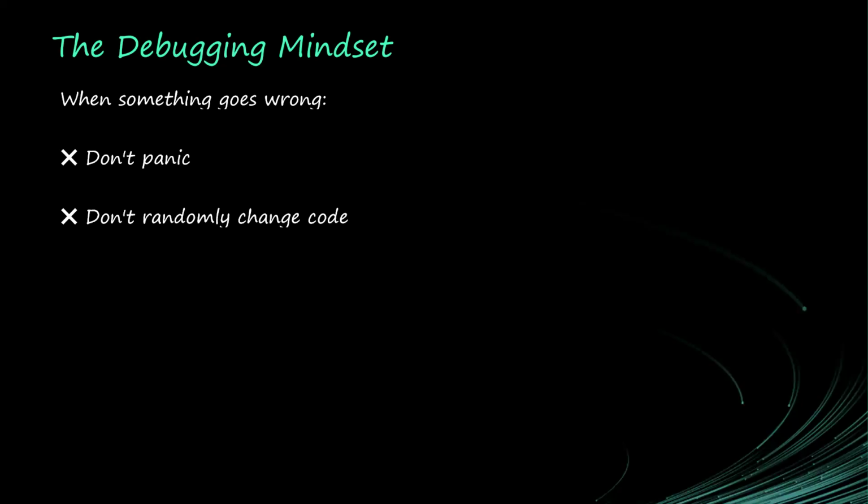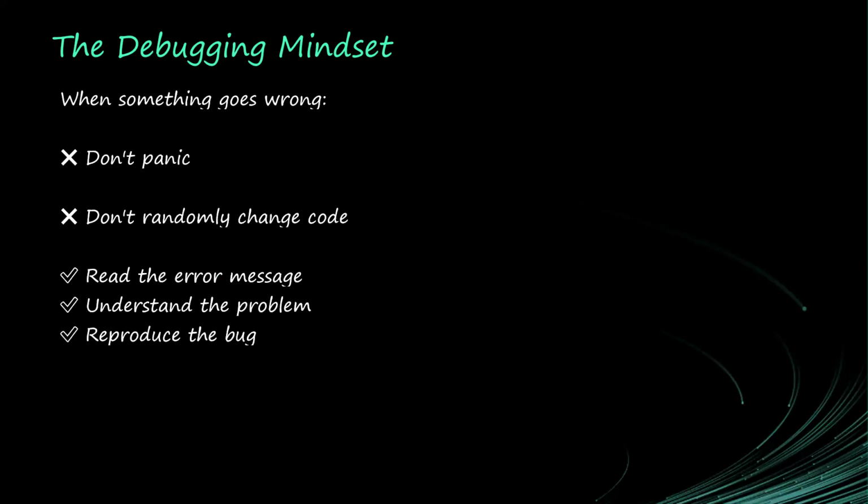Don't randomly change your code, so that you don't introduce another bug. All you have to do is read the error message. We talked about this in the last class. Understand the problem. The error message will tell you what the problem is, where it's coming from, the line, the file, and everything. Reproduce the bug. Fix one thing at a time, and then test again. When you're debugging, it takes some time.